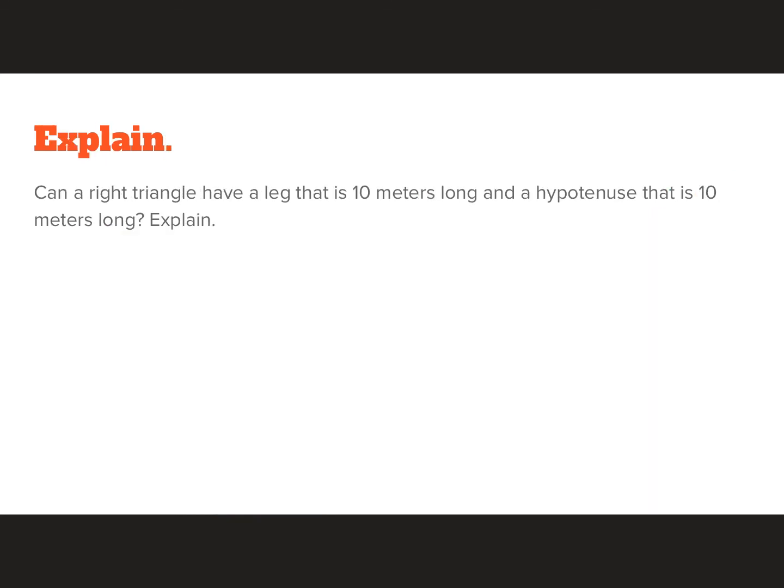Okay? Last one. Can a right triangle have a leg that is 10 meters long and a hypotenuse that is 10 meters long? So I want you to think about that. My right triangle has a leg that is 10 meters long and a hypotenuse that is 10 meters long. Can that be true?